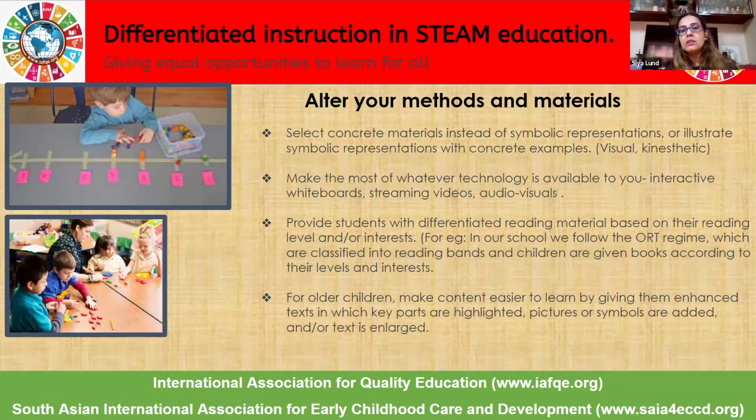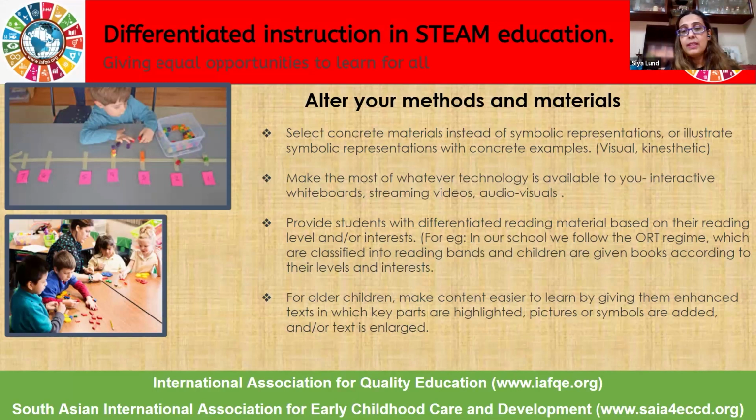So it's very important to have differentiated reading material in the classroom. And you can also select books according to their interests. If children are interested in machines, trucks, vehicles or space, you can have books based on their interests and read them with them, and they will just love it.